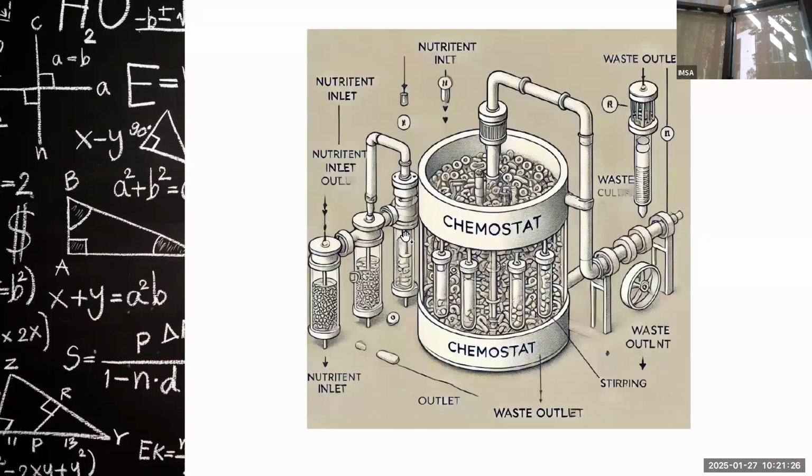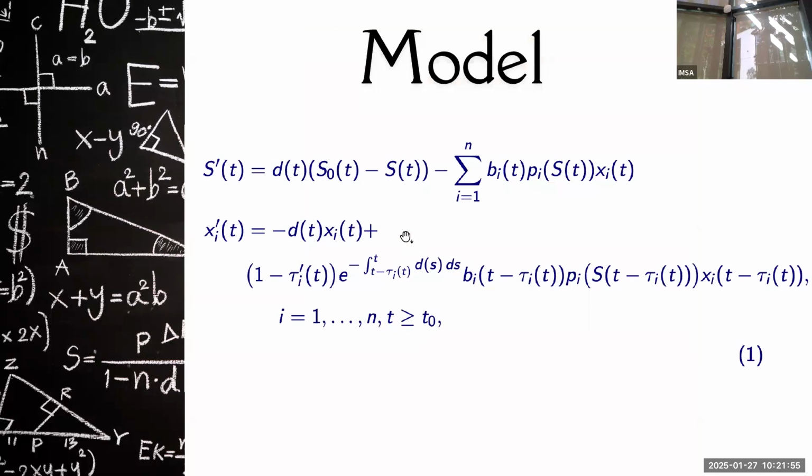So here, just to explain first, our model is a type of chemostat that tries to simulate the natural environment. We are trying to understand the behavior of some microorganisms, their reproduction and how it works, and then we try to simulate the natural environment in this chemostat. And then here is our model.